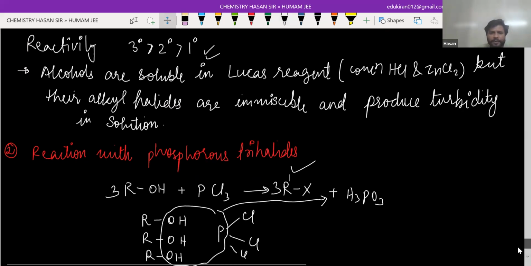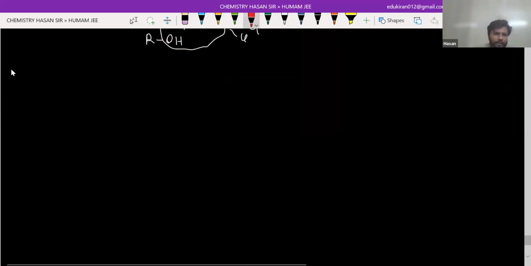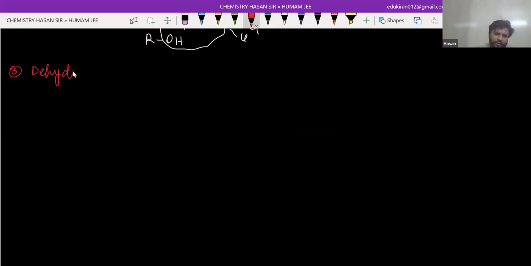Okay. The next is very important, and that is dehydration. From the name, you can see dehydration is the removal of a water molecule.